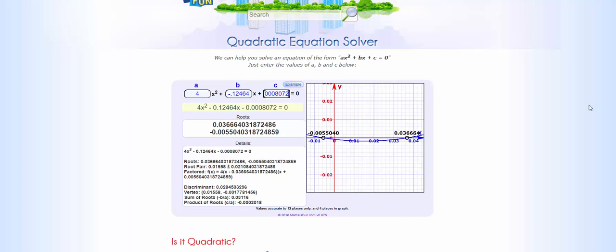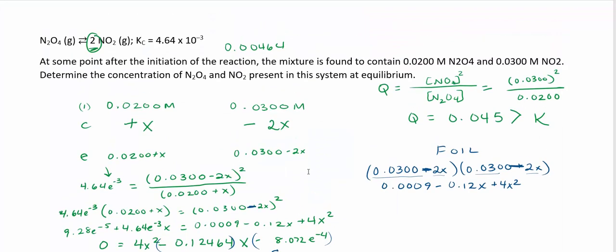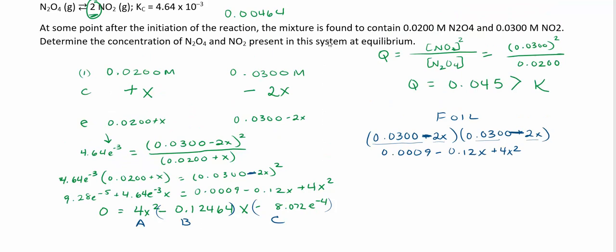So for my X values, I have a positive and a negative root. I have an X is 0.03666 and a negative 0.00550. Go back to my problem. I made a mistake, and I'm going to tell you how I found that mistake.